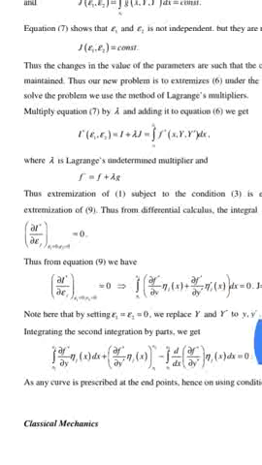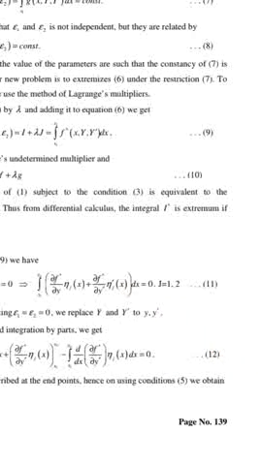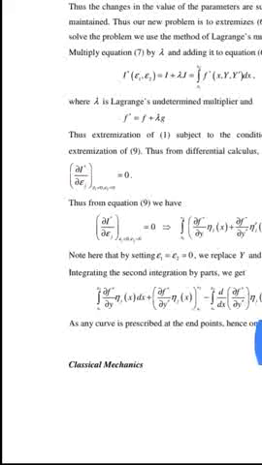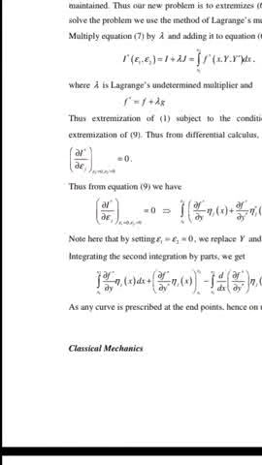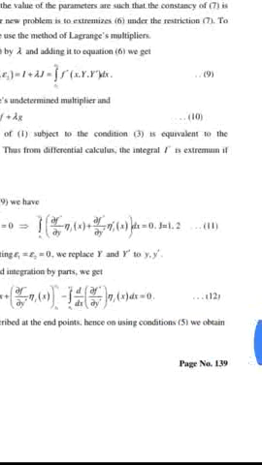Thus, from differential calculus, the integral I star is extremum if del I star by del epsilon j is equal to 0. This is the form of 9: del I star by del epsilon j is equal to 0.